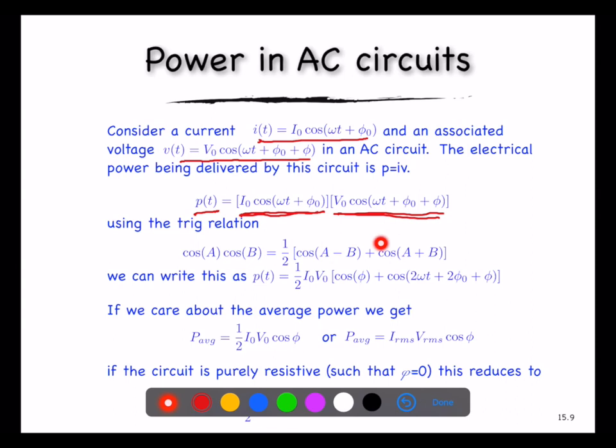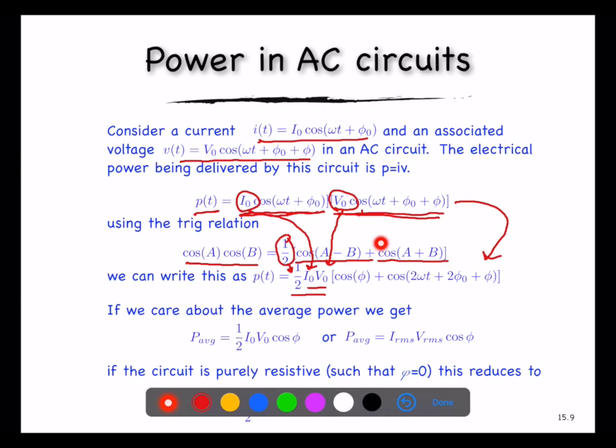So if we want to figure out the average power, or even if we just want to multiply these quantities together, we're multiplying two cosines together. So we're going to use the trig relationship that says cosine A cosine B is 1/2 cosine of the difference plus cosine of the sum. So that allows us to write this power expression down here as 1/2, that comes from the trig relationship, I naught times V naught, that comes from the amplitudes of the two time varying functions that I'm multiplying together.